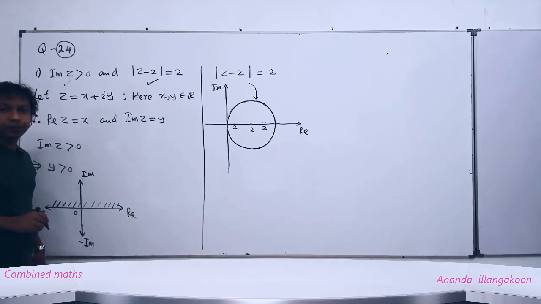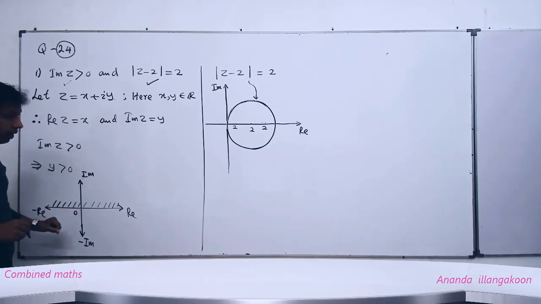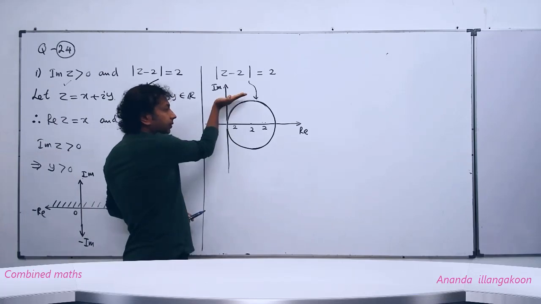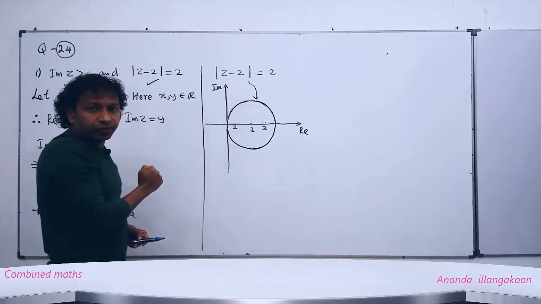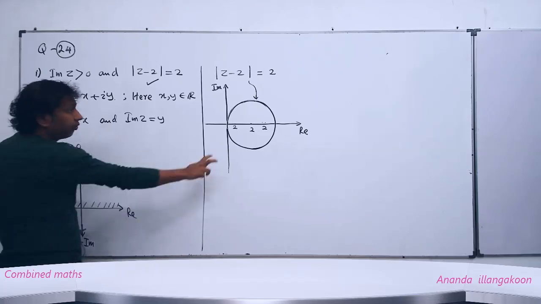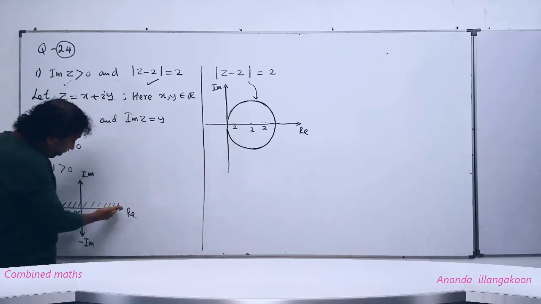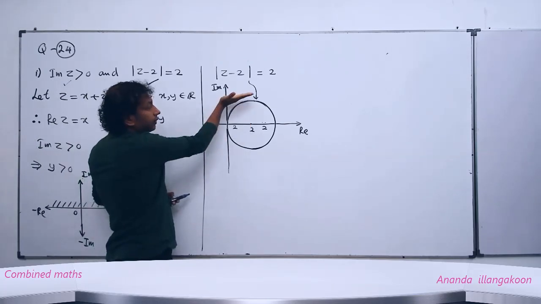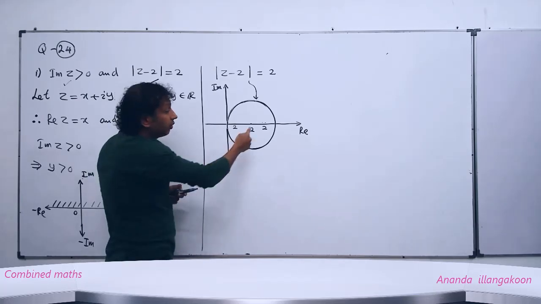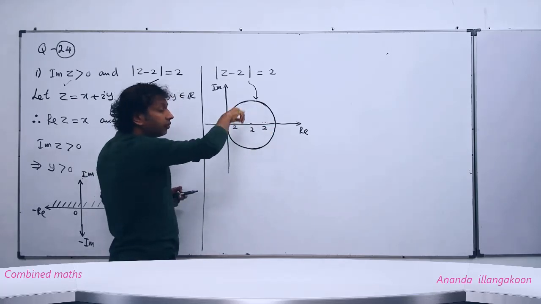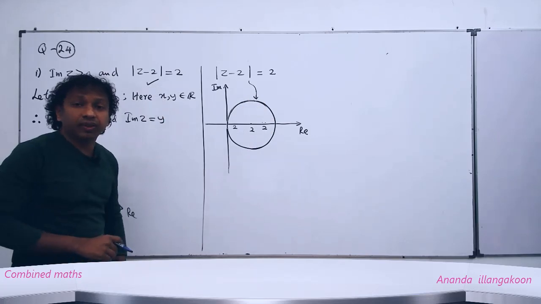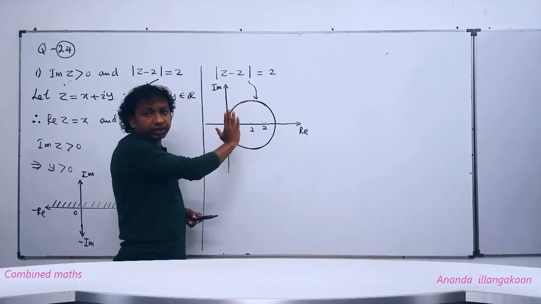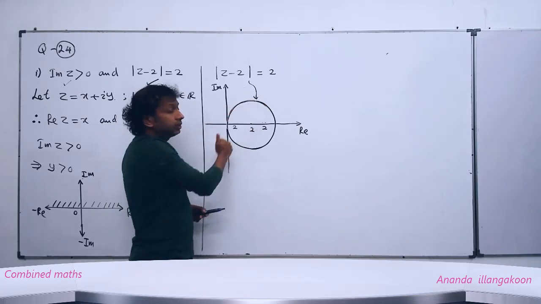The region for the first condition is above the real axis, so our required region should be above the real axis and on the circle.